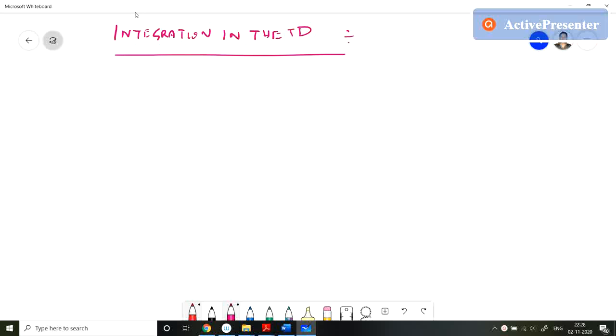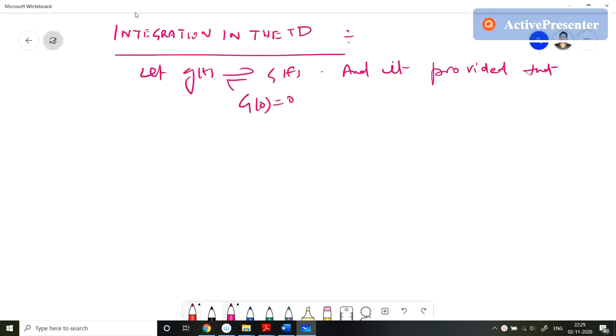This is a very important property, and it says that if g(t) has Fourier transform G(f), and it is provided that G(0) is equal to 0, then the integral from minus infinity to t of g(tau) d tau is equal to 1 divided by j 2 pi f into G(f).